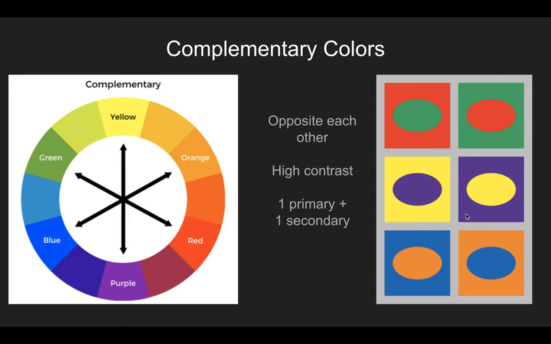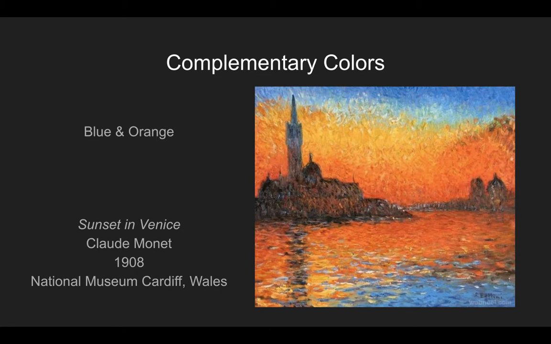And a really good example of that is this painting called Sunset in Venice by Claude Monet. He has used the blue and the orange complementary colors to capture the vibrancy of a sunset over water.